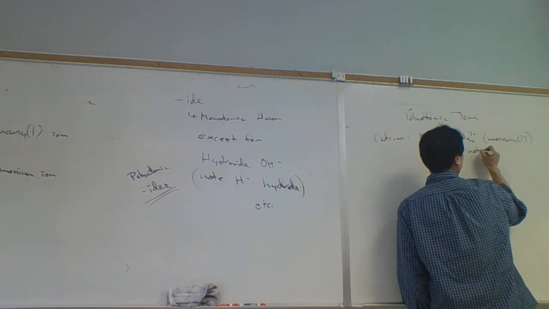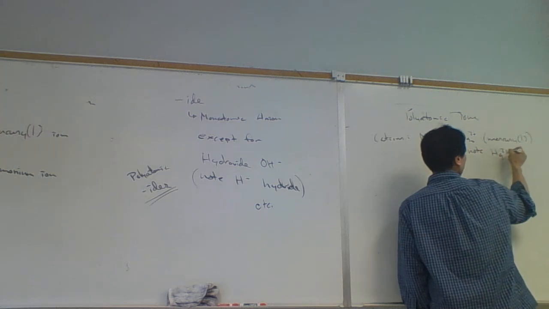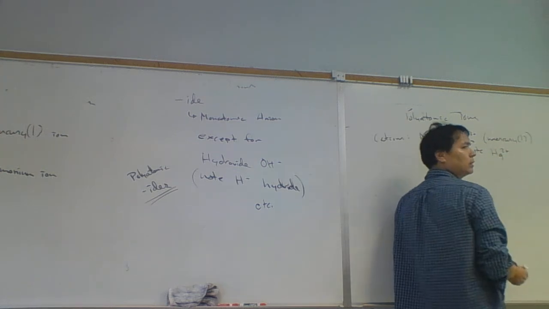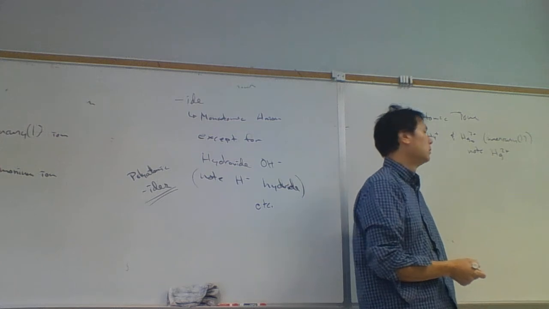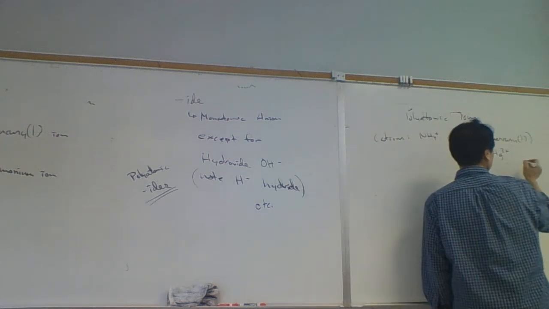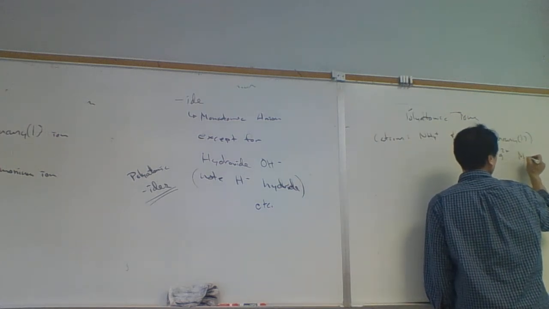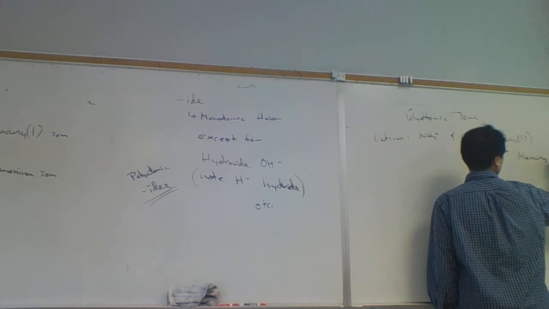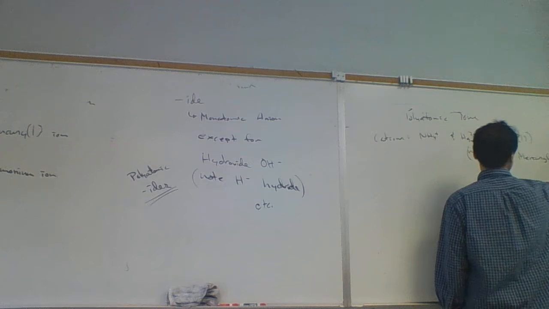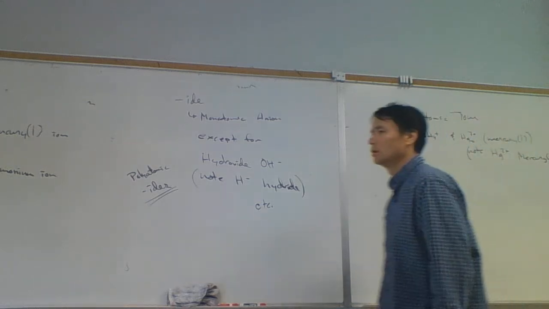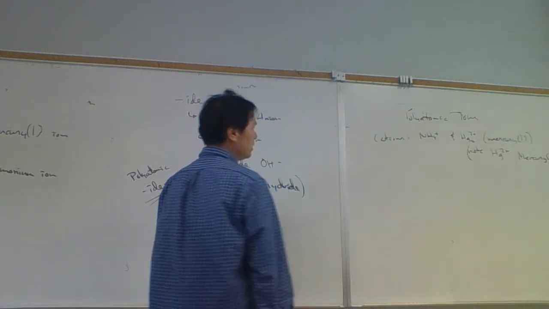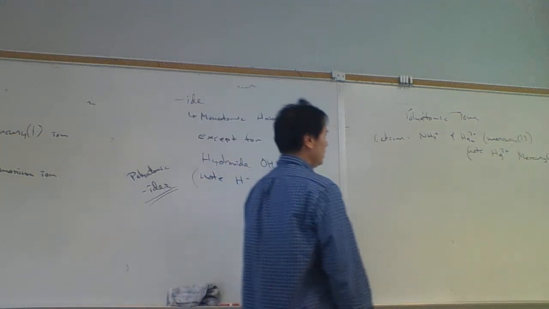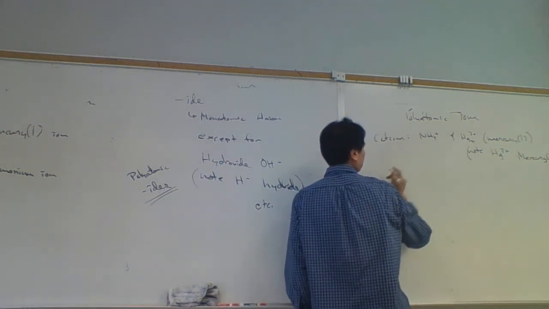Note, Hg2 2+ is polyatomic, but Hg 2+ is monatomic, and the name of that is mercury(II) ion.